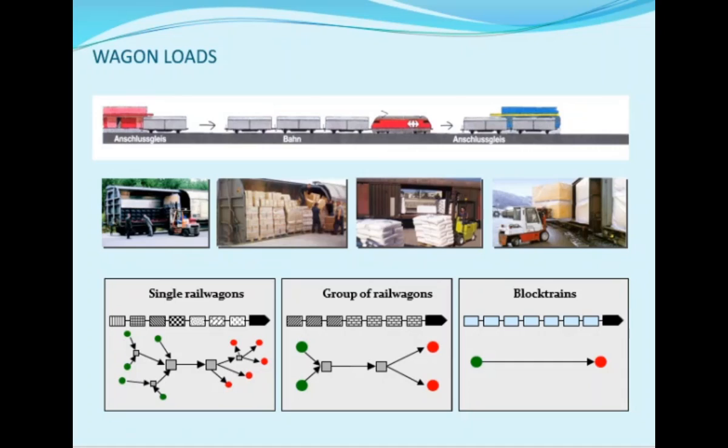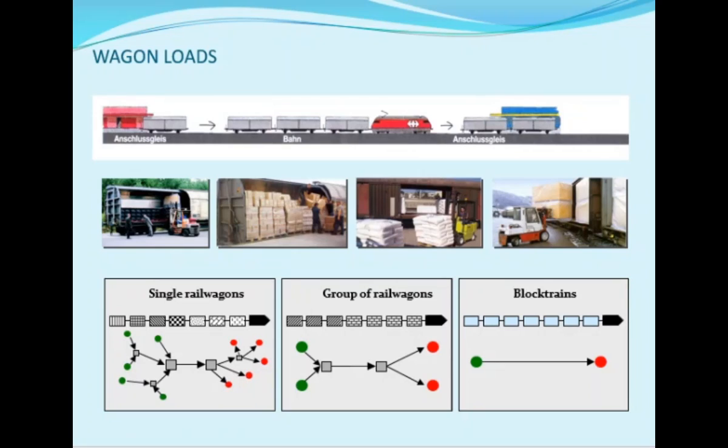On the left side, you see what we call single wagons. In the single wagon, the locomotive is shaded in black, and following that, you see that each wagon is shaded differently. It may be that each wagon is coming from a different shipper, customer, or forwarder, all consolidated into one freight train.